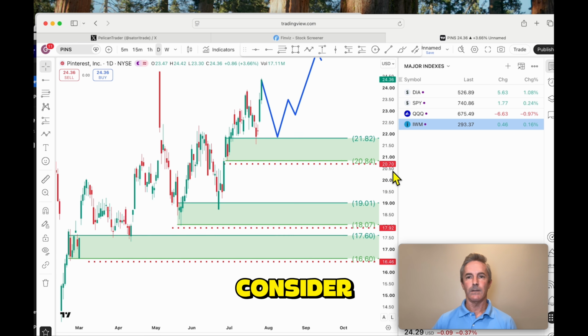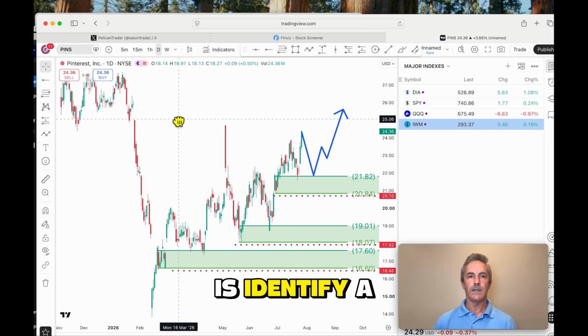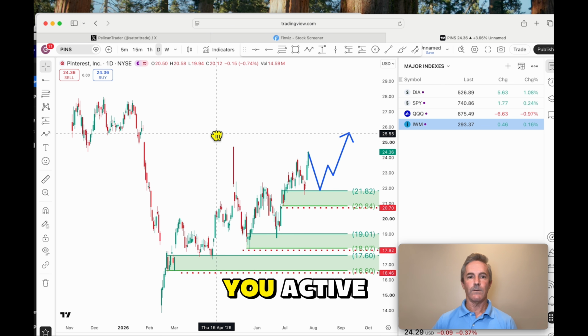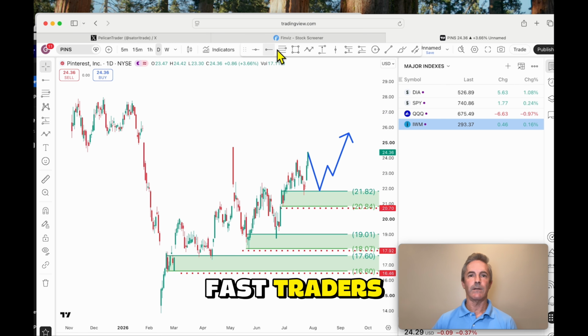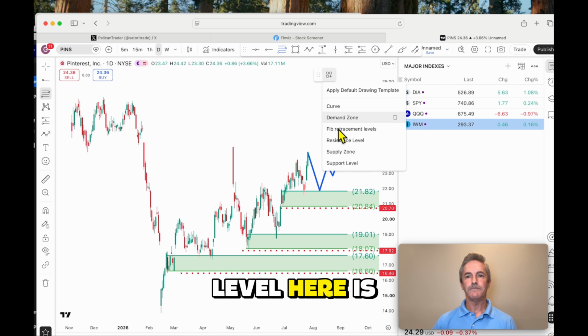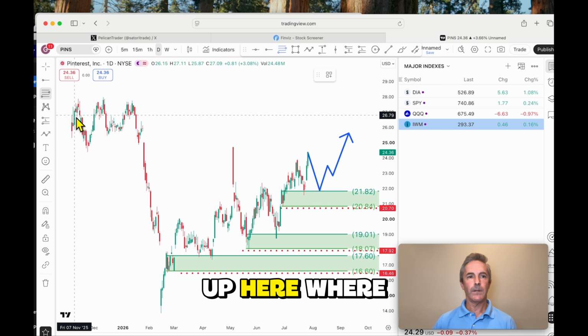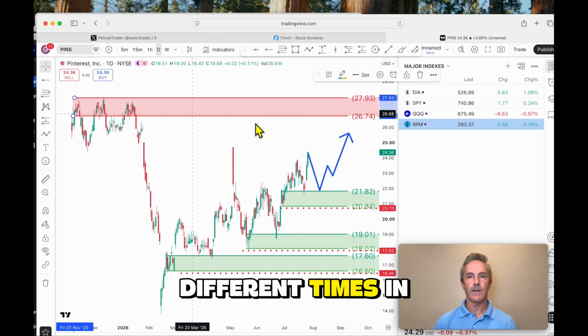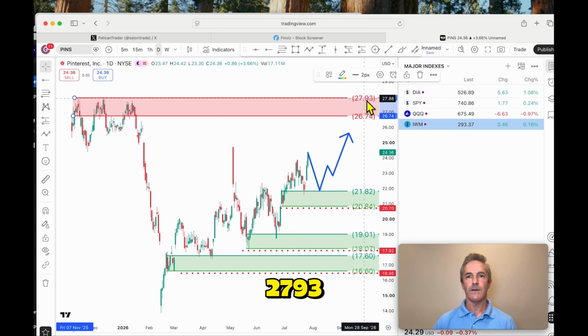That's something to consider. Now, what I want to finally do here is identify a resistance level on the chart to use as a target for you active fast traders. And the resistance level here is up here where we've had rejection, where price started to drop three different times in the 2674 to 2793 range.